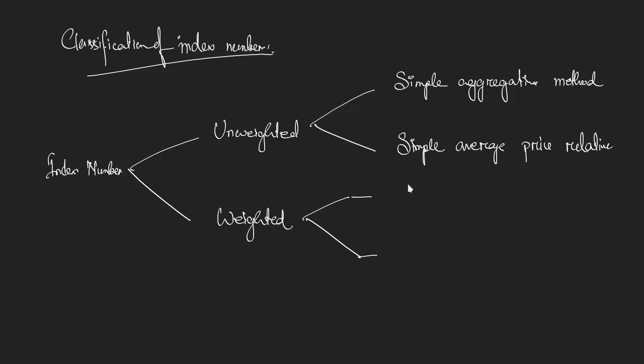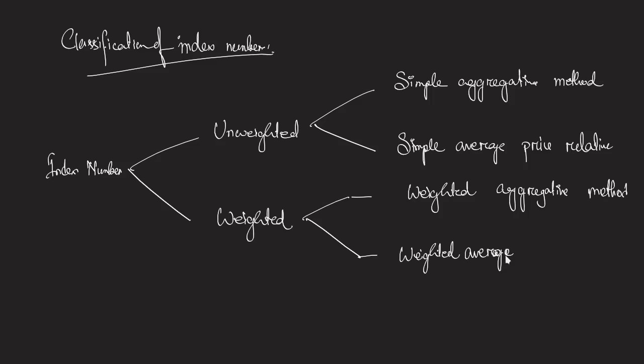Weighted ৰ first type হ'ল weighted aggregative method, and next type হ'ল weighted average of price relative. So basically this is first, this is second, this is third, and this is fourth.